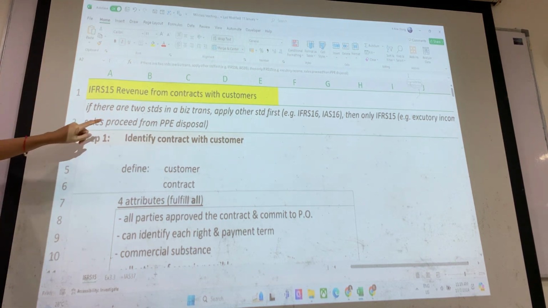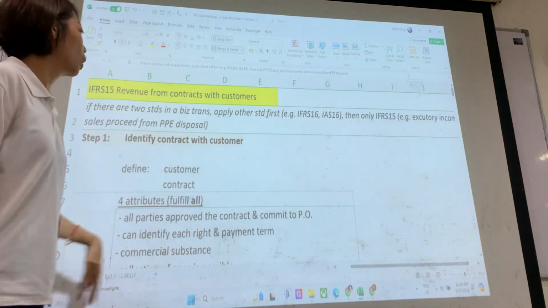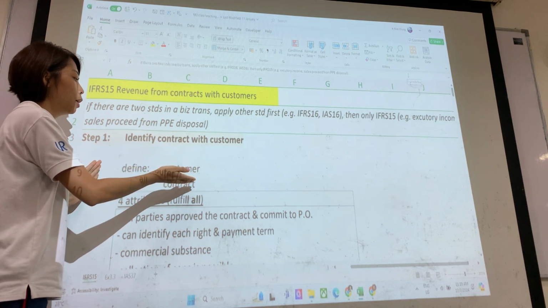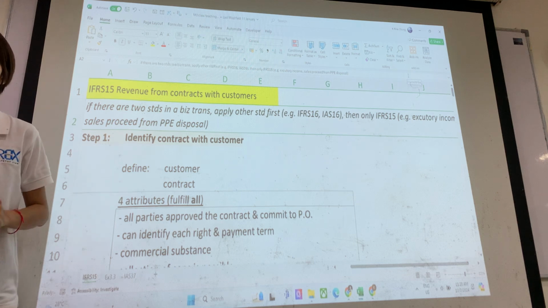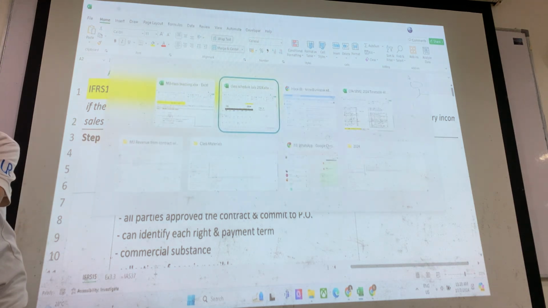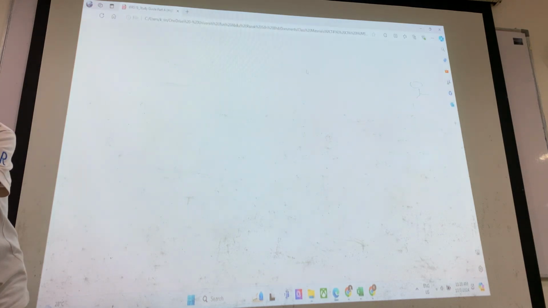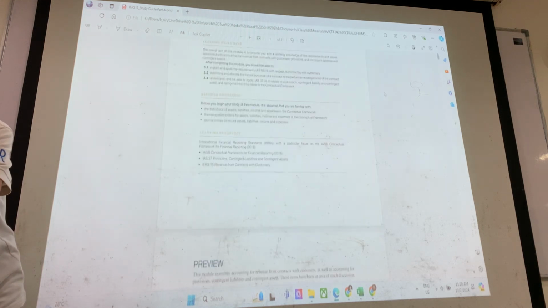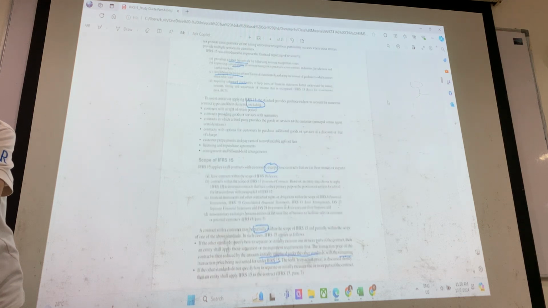Number 1, you identify the contract, you identify the customer. Now, you will learn the definition of customer and the definition of contract in the textbook. So basically, customer is the counterparty, and you have a contractual relationship with that person.